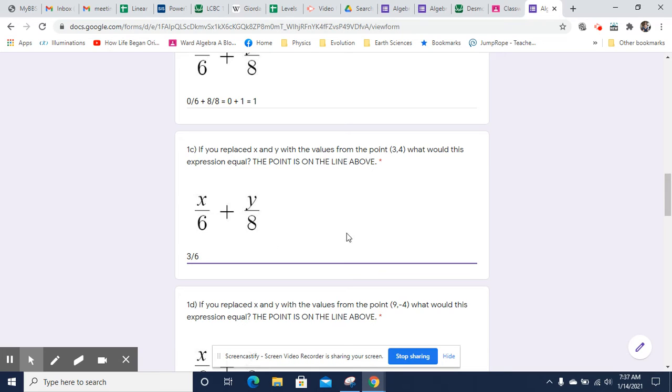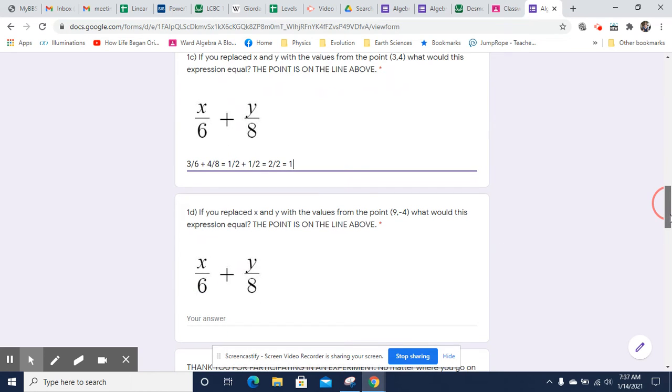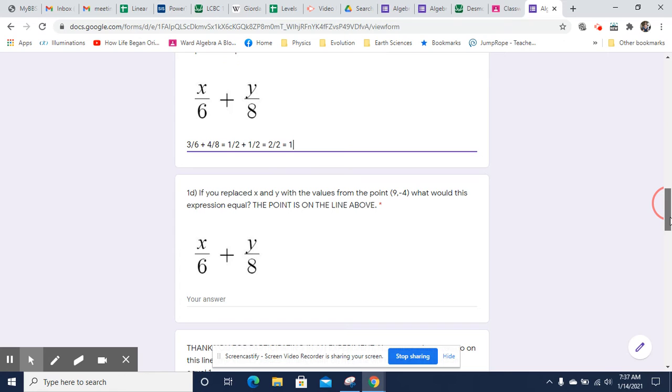We'll replace y with the y value, which is 4, so 4 over 8. Well, 3 over 6 is 1/2, and 4 over 8 is also 1/2. And so that equals 2/2, which is 1. So we got 1 again from another point. That's interesting. There's a pattern here.